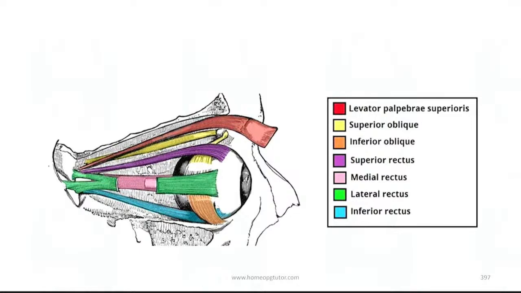A3 means all the others are via the third cranial nerve, the oculomotor nerve, including levator palpebrae superioris. Levator palpebrae superioris, superior rectus, inferior rectus, medial rectus and inferior oblique are via the motor branches of the oculomotor nerve.